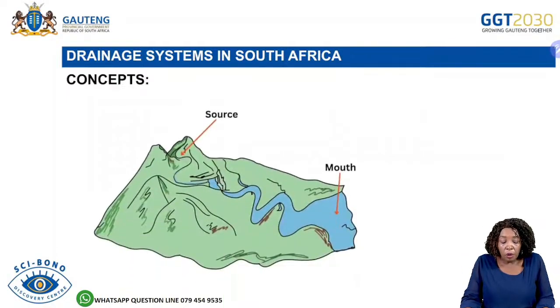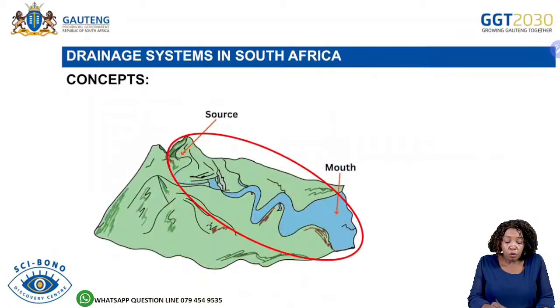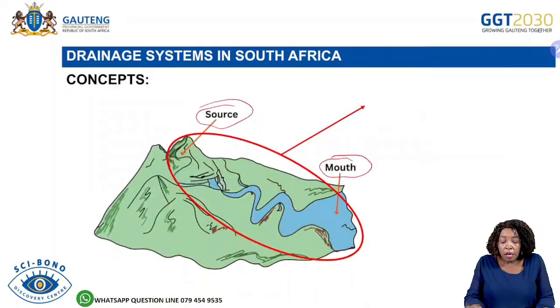Right. Okay, we have a diagram sheet here that is showing you the concept of what a source is. As you can see there, we are identifying the source where the river starts, and the concept of mouth where the river ends. But what am I trying to illustrate here?